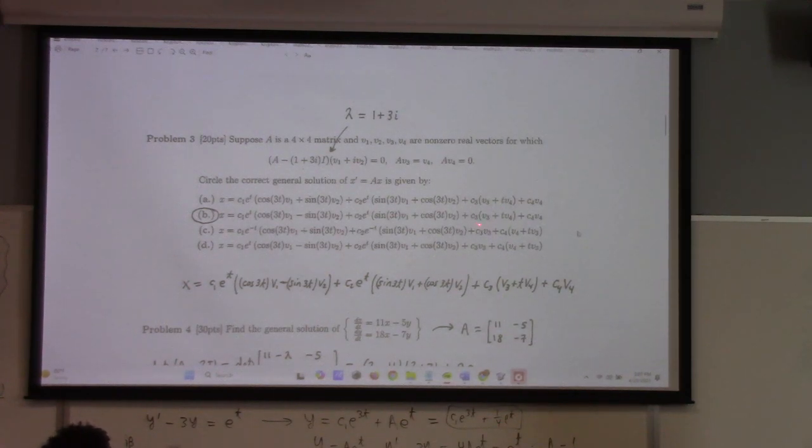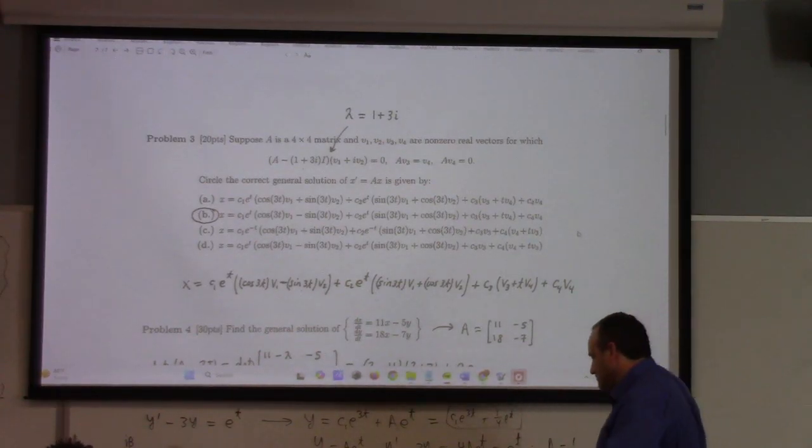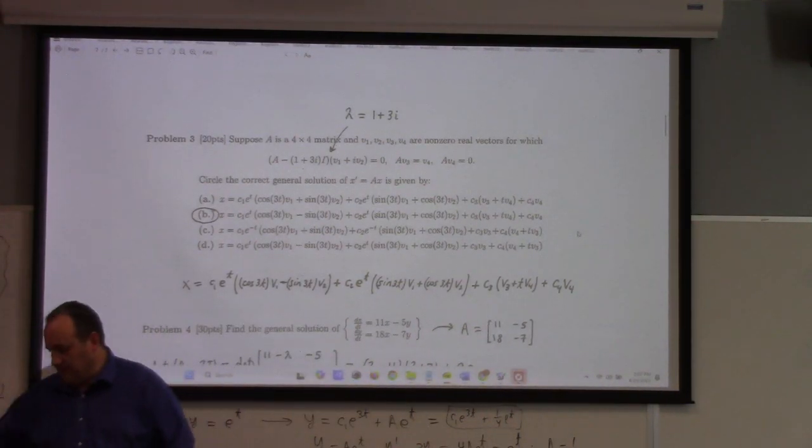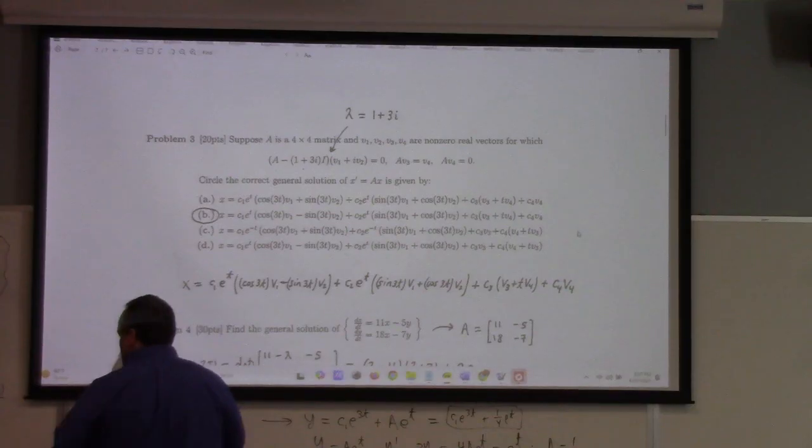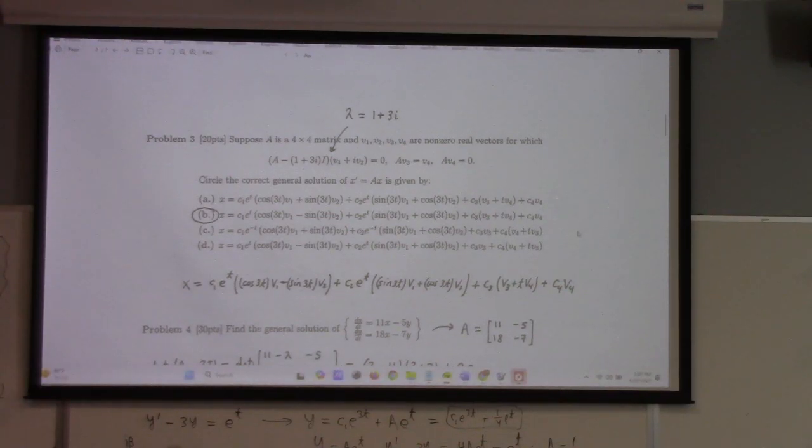Now over here, the reason that these terms appear is because e to the 0t is just 1. I hope you guys understand, but let me write down a little bit more. So remember how it goes. We have e to the lambda t u1 for an eigenvector, and we have e to the lambda t times u2 plus t u1.